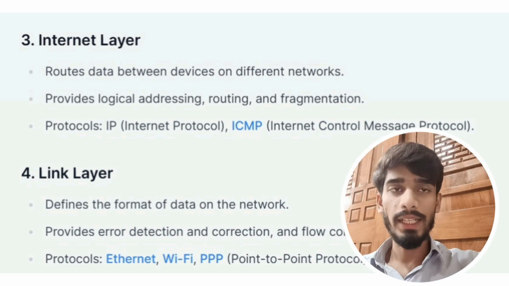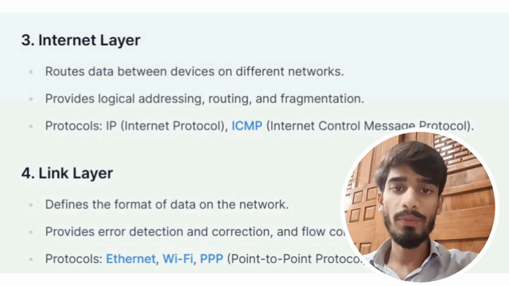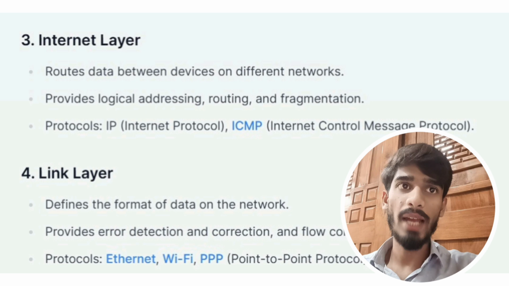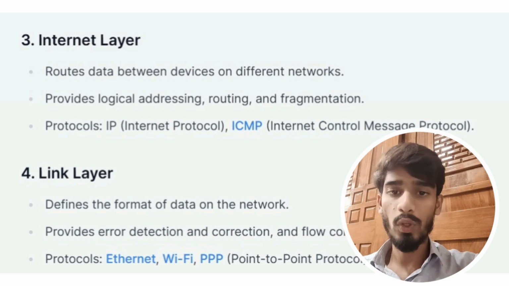Third is the internet layer. It routes data between devices on different networks. It provides logical addressing, routing and fragmentation. The protocols used by the internet layer are Internet Protocol, IP, and Internet Control Message Protocol, ICMP.